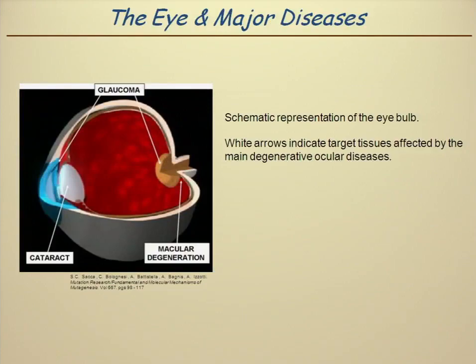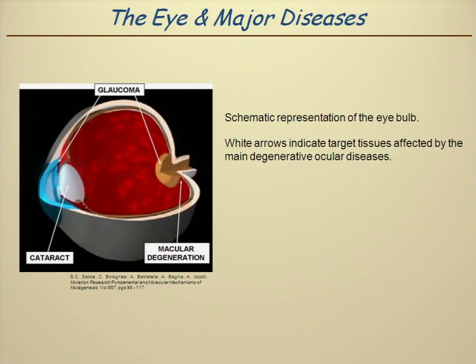There are several major diseases. Here we see three of the four major diseases of the eye. Cataract. A lot of cataract surgeries are going to be done in the Bethesda and Washington community today. And glaucoma.